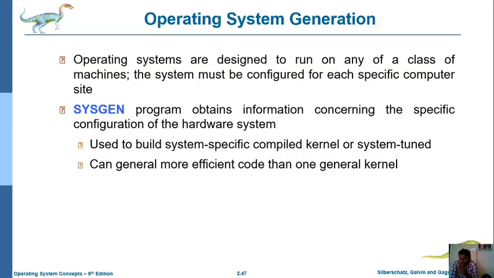Here, operating system generation is used to improve the operating system's performance and also to improve CPU utilization effectively, and obviously it increases the performance of the CPU also. The operating system is designed to run on any class of machines.